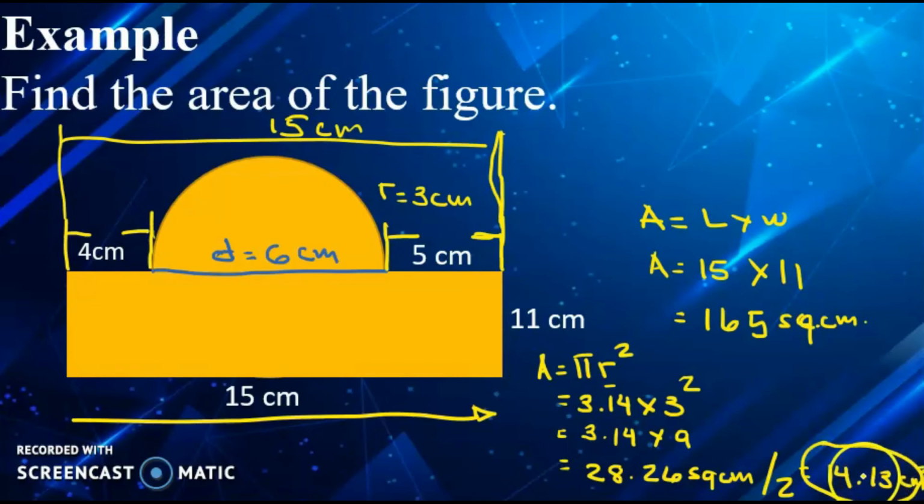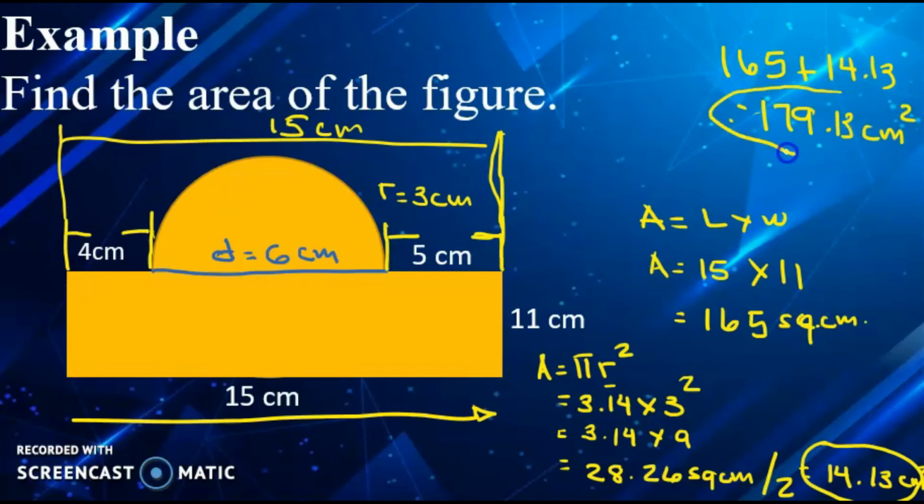Okay. Ngayon, nakuha na natin area ng half circle, plus natin ito yung area ng rectangle. So, area ng rectangle is 165 plus 14.13, yung half circle, that is equals to 179.13 square centimeter.